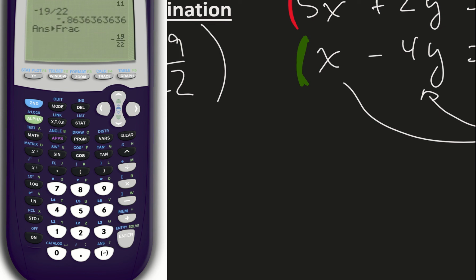Okay, so I've got x on the stack, I've got y in the stack, so let's go 5 times, go get that x. It's up a little higher here. There it is. And then plus 2 times, go get that y. Oh, y is right there. Okay, 5 of the x's plus 2 of the y's, and that's funky looking, but that is 2 times negative 19/20 seconds.